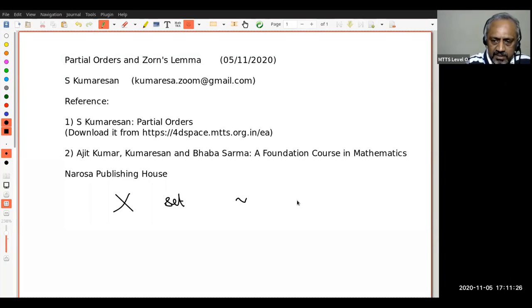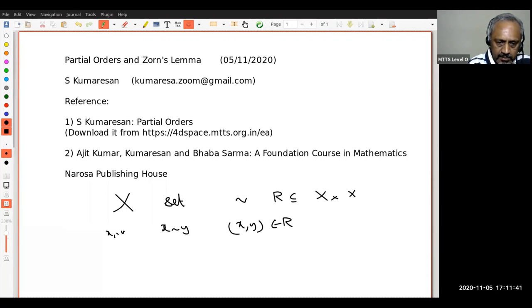Remember, a relation is a subset of X cross X. Call it a set R. When I say x is related to y, it means the ordered pair (x, y) is in R, where x and y are in X. This is what is meant by a relation, but generally we will use only this symbol because it is much easier.